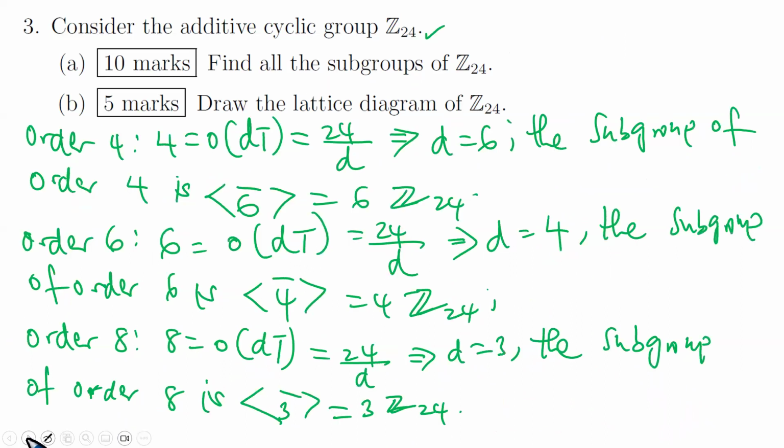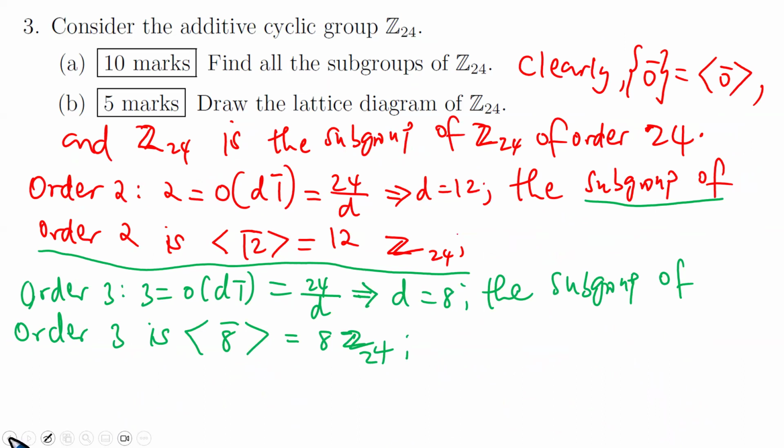We wrote 3 Z24, 4 Z24, and the one we wrote first of order 2. So what is the 12 Z24? We can see that its order is actually 2.